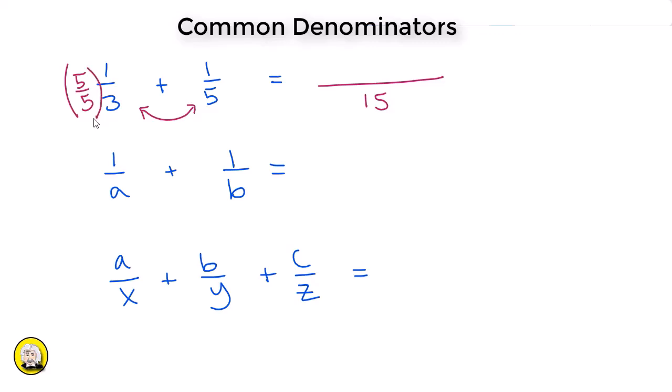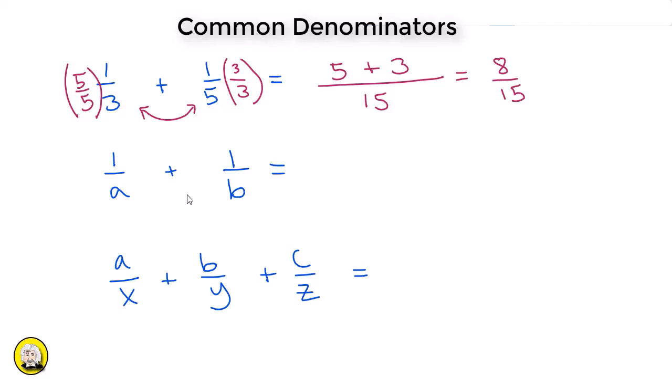In this case, that 1 will be 5 over 5 multiplied by 1/3, and 3 over 3 multiplied by 1/5. Essentially that becomes 5 times 1, 5 15ths, plus 3 times 1, 3 15ths. The summation of which is simply 8 15ths.